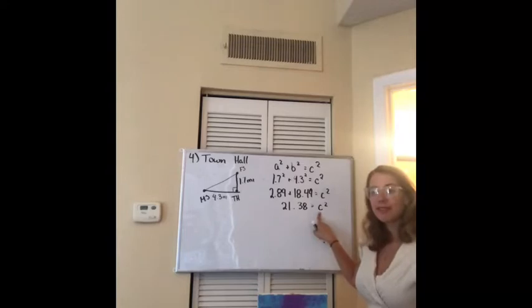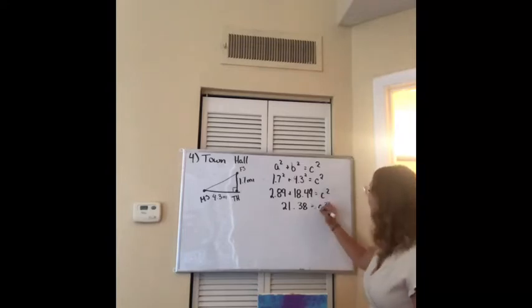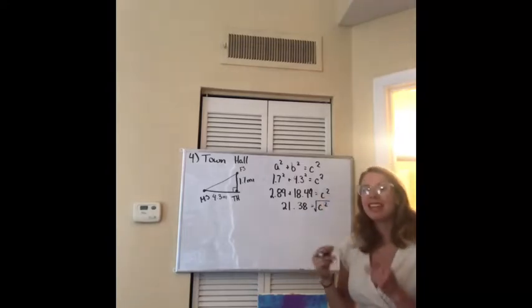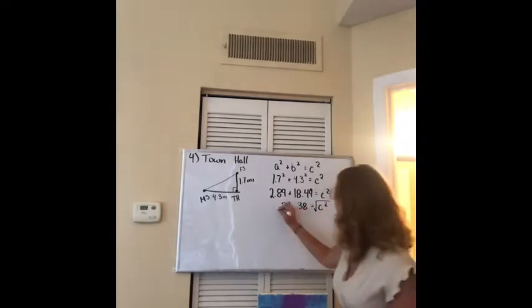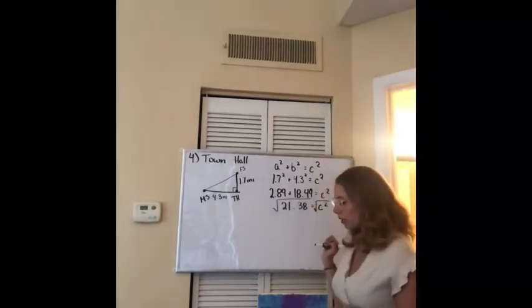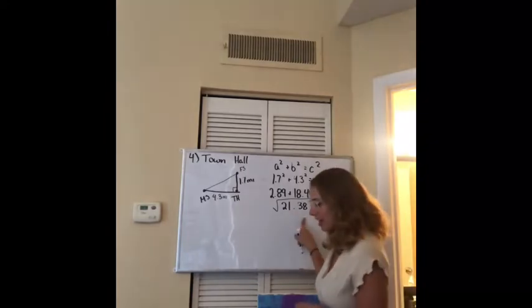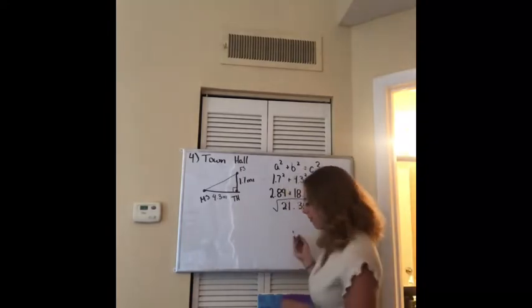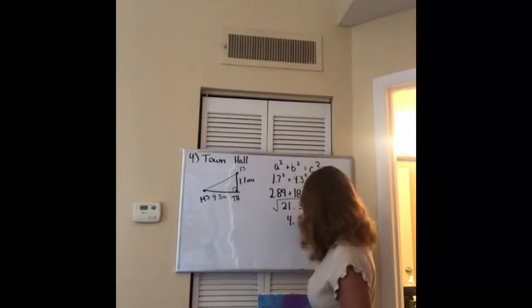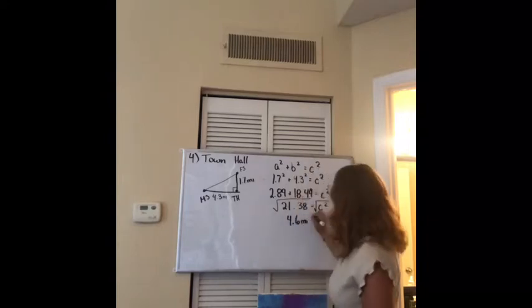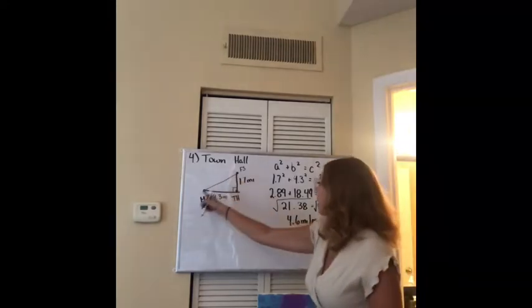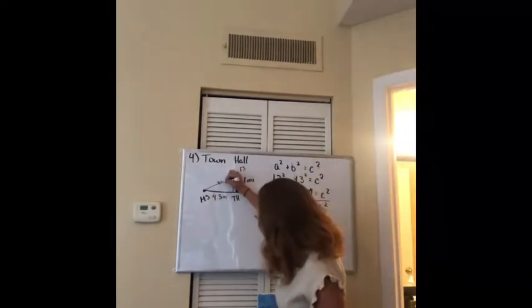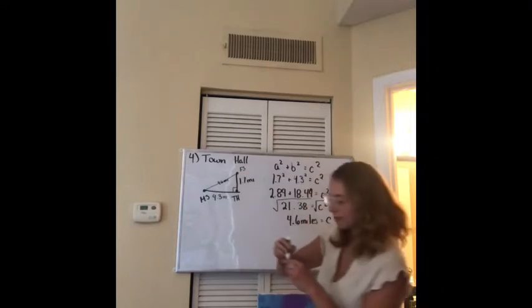And now if we want to find c, we're going to take the square root because the inverse of a square is a square root. So the square root of 21.38 is 4.6 miles. So that means that this line right here is 4.6 miles.